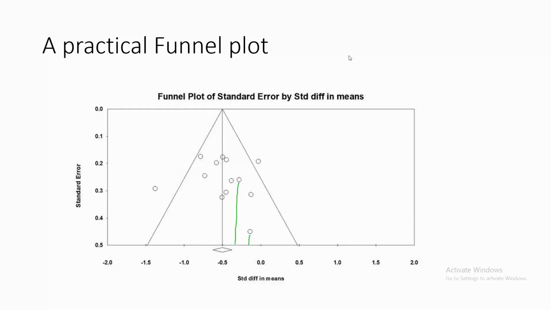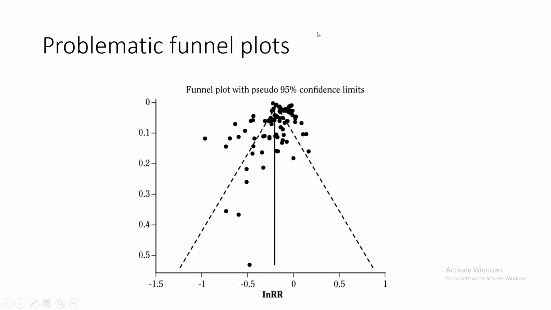It's a very, very basic method of publication bias, not a very authentic one, but this is one of the methods. Now let's go. Okay, this is what is a problematic funnel plot. So if you get something like this, you better go back and check. I mean, it's absolutely unevenly distributed.